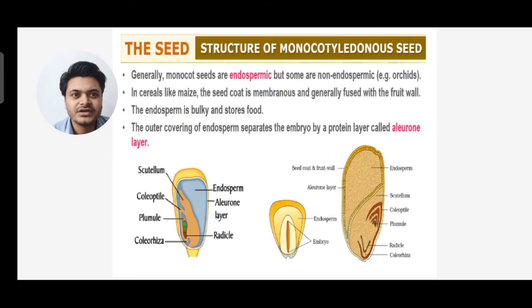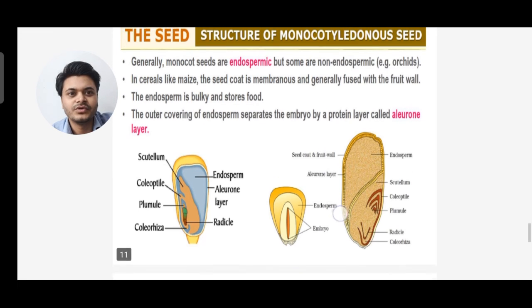The outer covering of the endosperm separates the embryo by a protein layer called the aleurone layer. You can see the structures: scutellum, coleoptile, plumule, coleorhiza, radicle, aleurone layer and endosperm. This is the structure of a monocotyledonous seed.